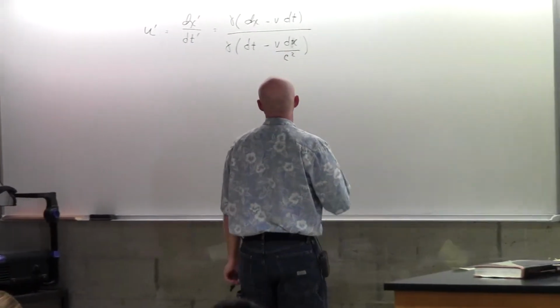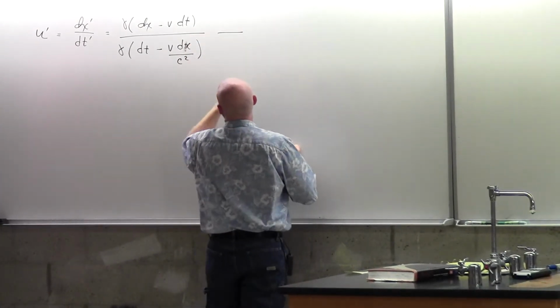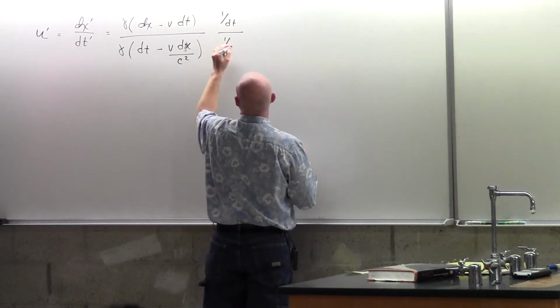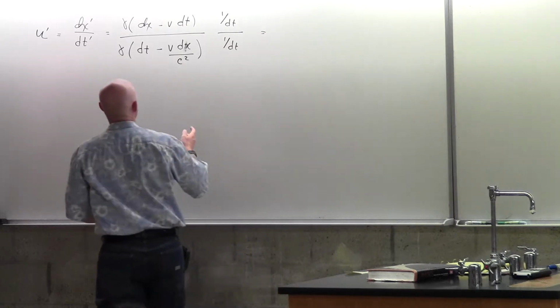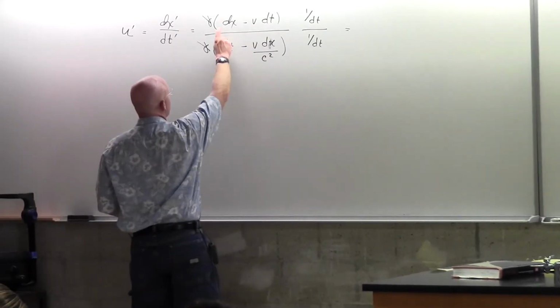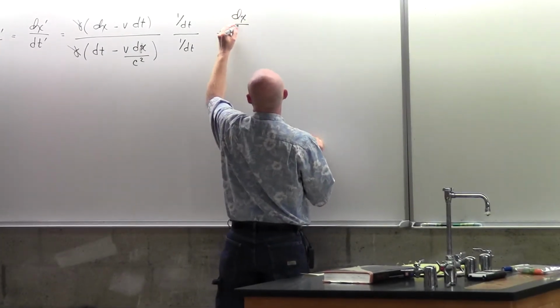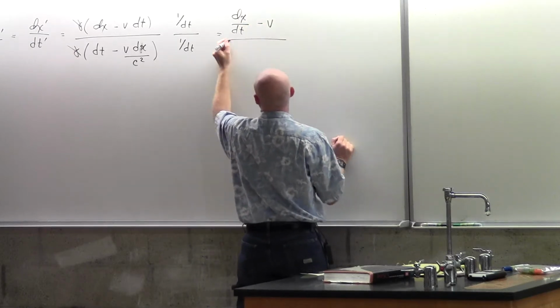And I'll go ahead and then multiply top and bottom by, say, 1 over dt. So what happens in the numerator, notice the gamma factors go away, but what I get here is dx dt for the first term minus v over.